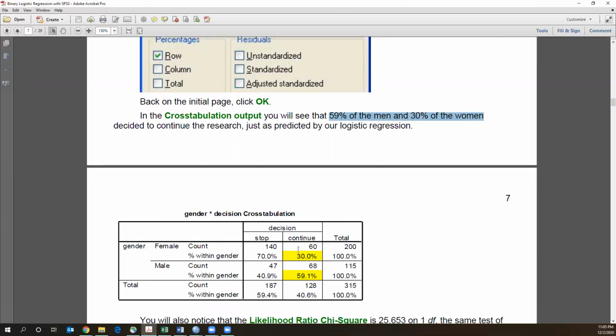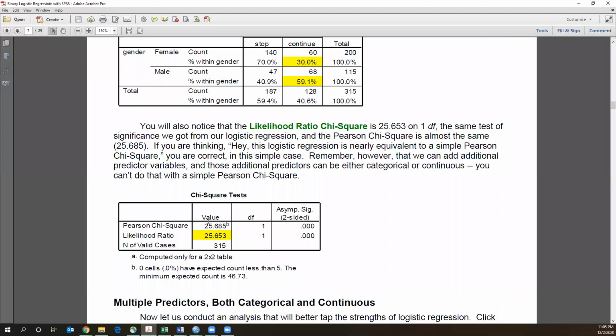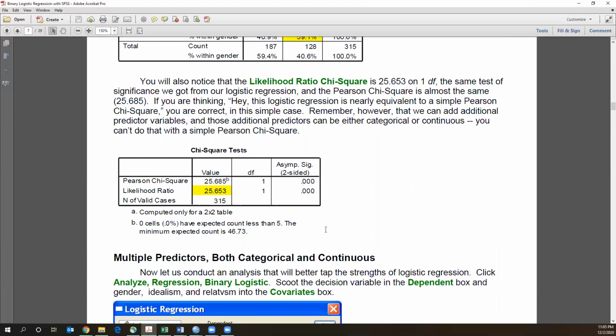It's going to give us the same findings. Remember how we did these cross tabulations for chi-square a couple of weeks ago? So this is going to match the information that we just calculated. So that's good. Way to go. All right, we'll also notice that our chi-square is getting smaller as we move closer to a more precise equation.